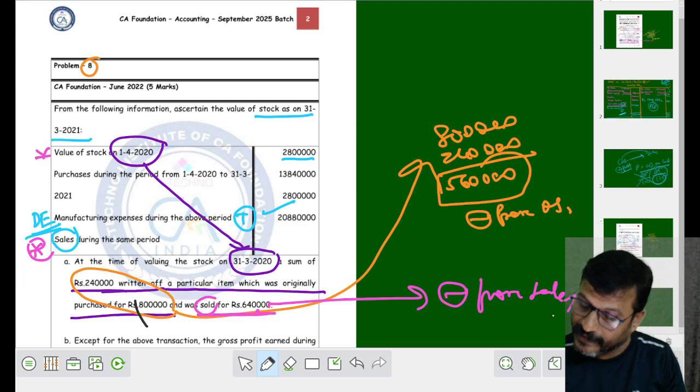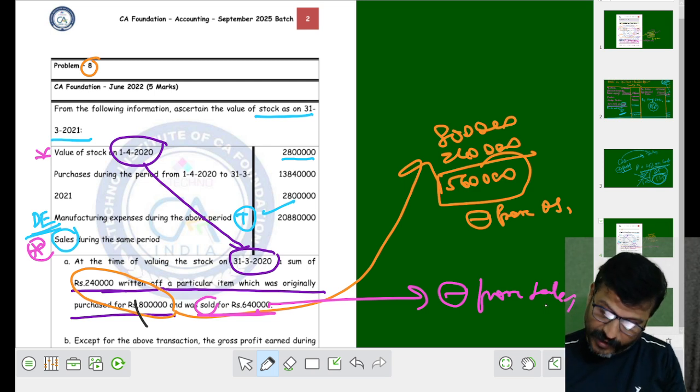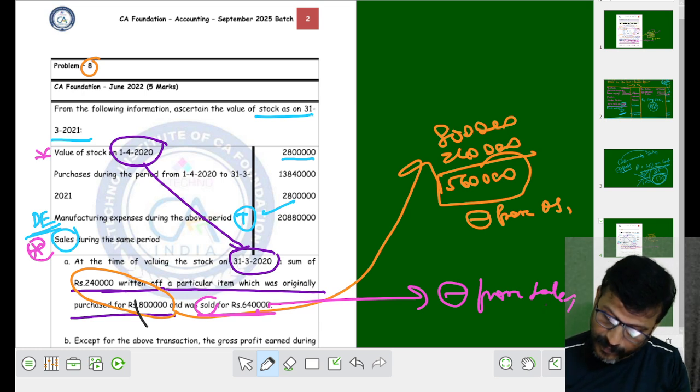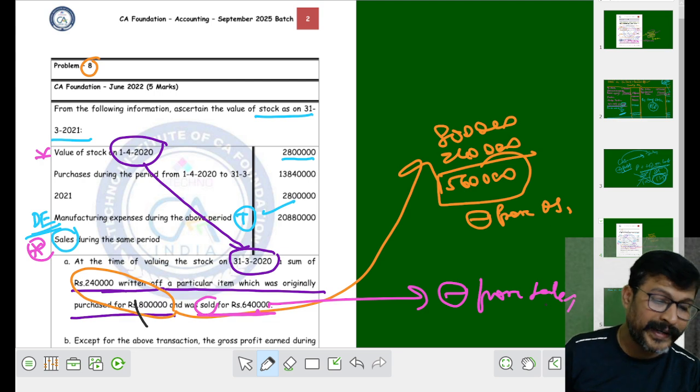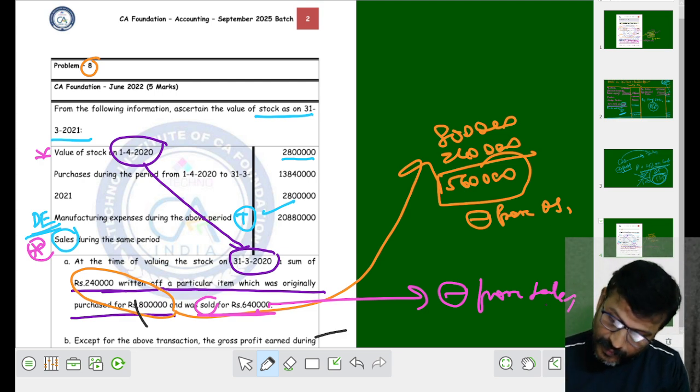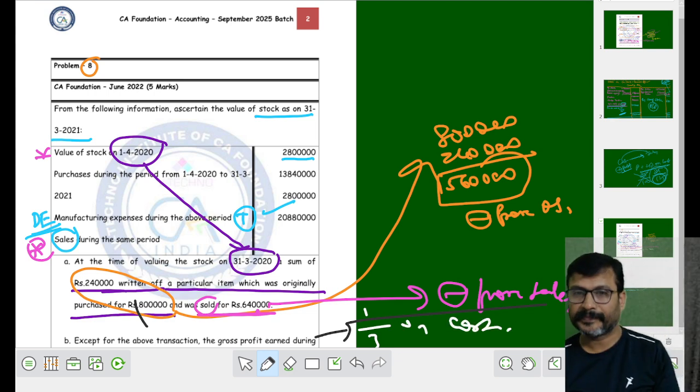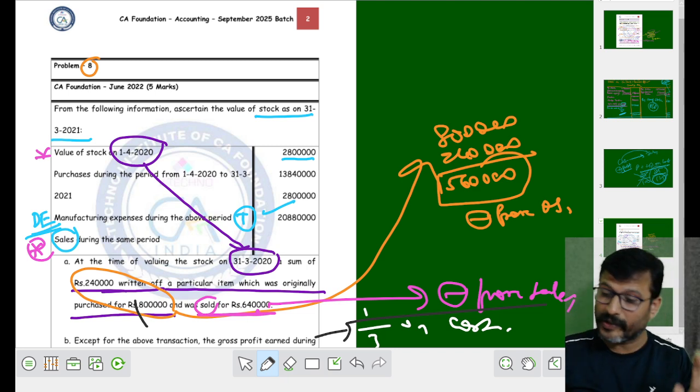Let me see here. Gross profit margin is how much? It is 1/3 on cost. Now we have to do the solution for this.